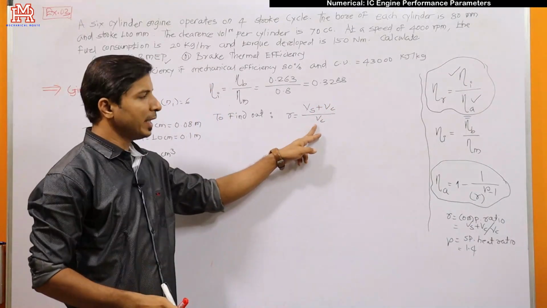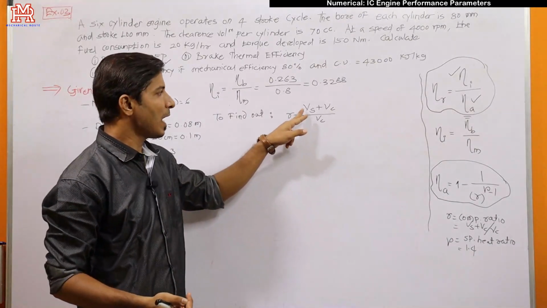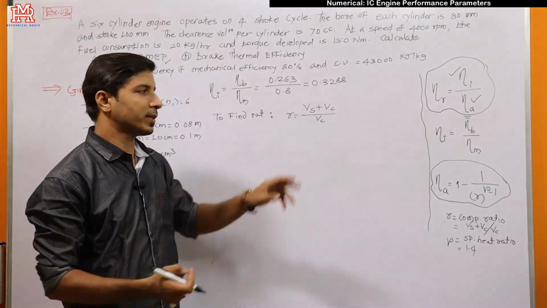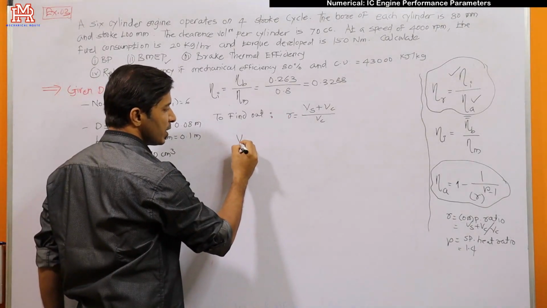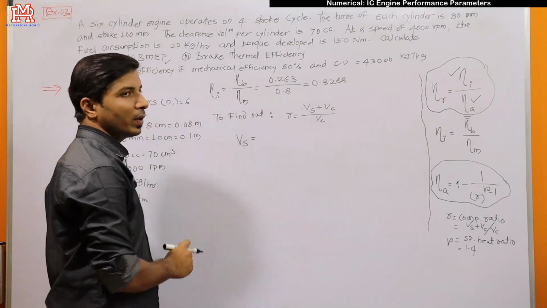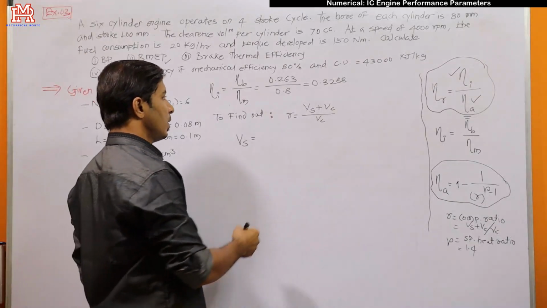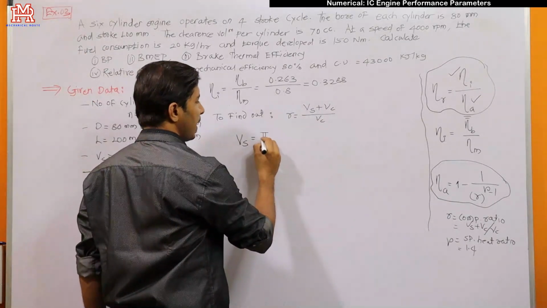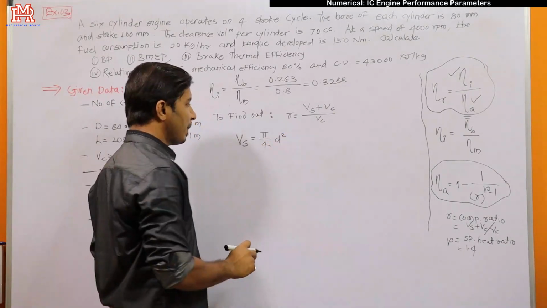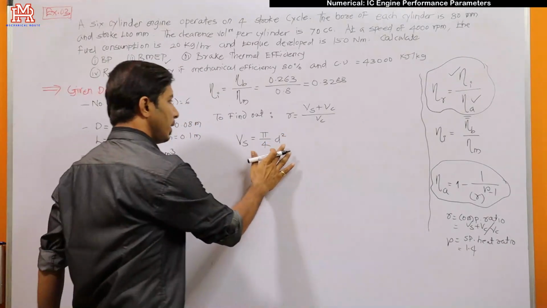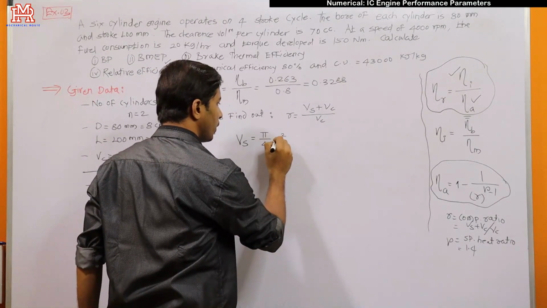The value of this clearance volume is given. I have to find out the value of this Vs. So how to find out the value of this Vs? Swept volume, which we can call cc of that particular engine, is pi by 4 d square. We know that pi by 4 d square is area.